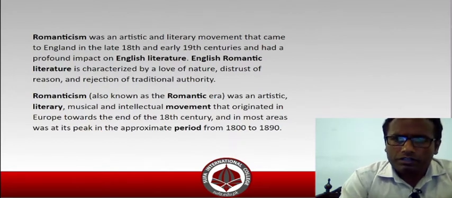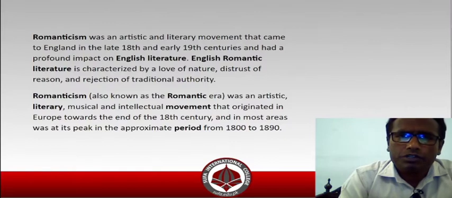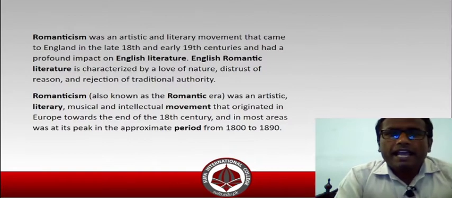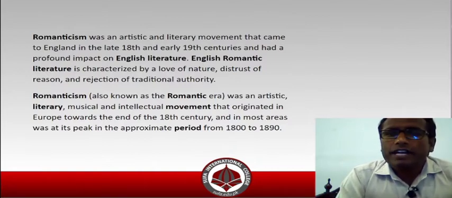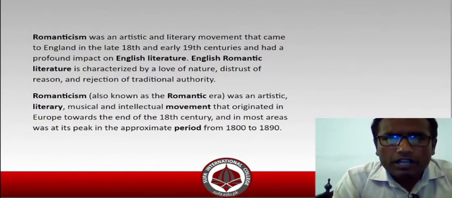Love of nature: the Romantics had a very deep love of nature. Then distrust of reason: they believed in emotions and they distrusted reason, as their forefathers used to believe in it. And rejection of traditional authority. So these things were opposed during the Romantic age.